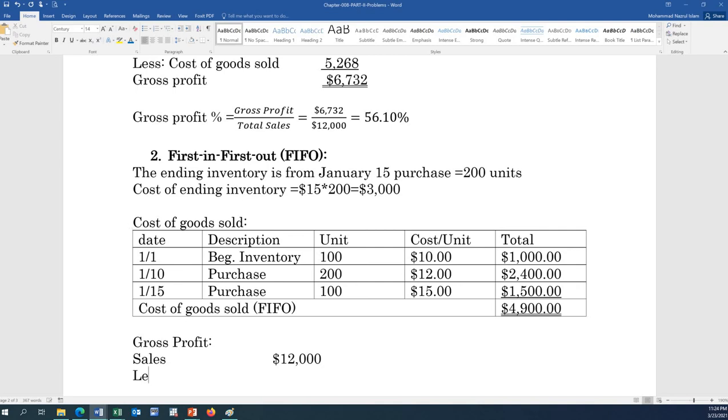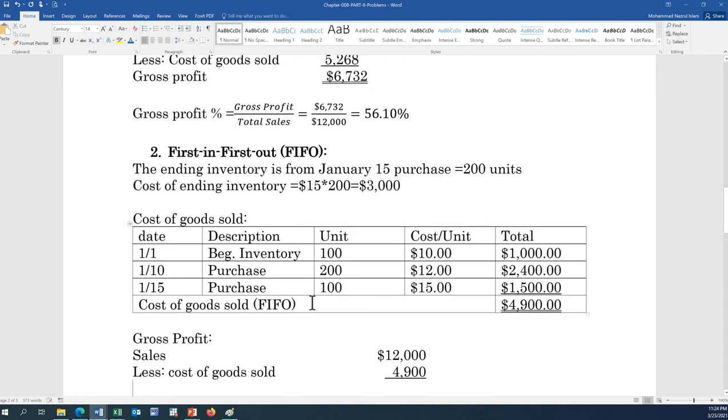This is 12,000, and cost of goods sold is 4,900. So gross profit is going to be 7,100.